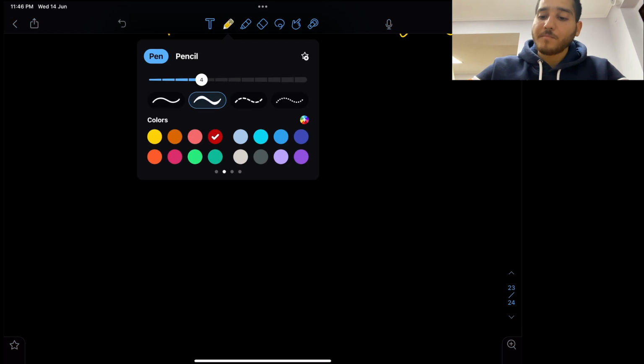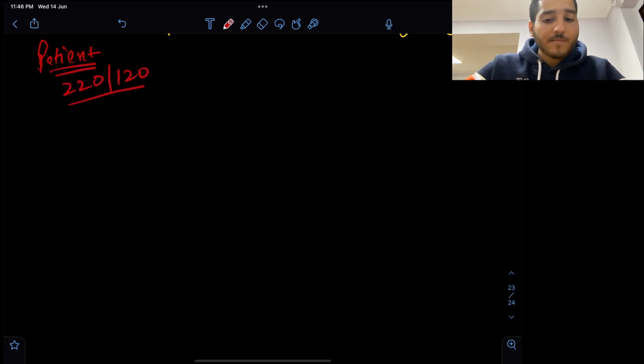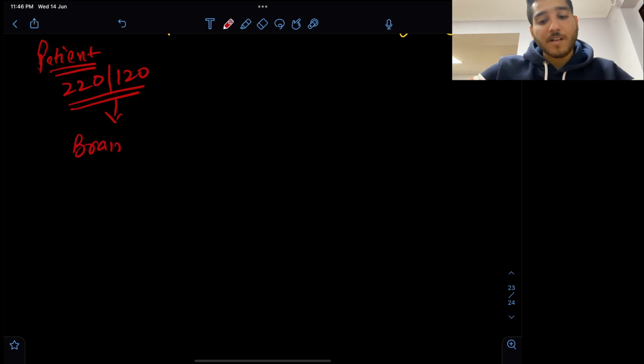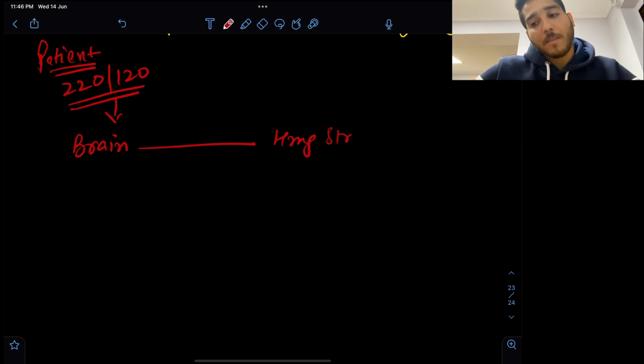I'll tell you this end organ damage. Let's say any patient presents to you with blood pressure 220/120, right? You know this blood pressure is very high, so there can be some vessel rupture also. If there's some problem in brain, there can be hemorrhagic stroke. We check retina.